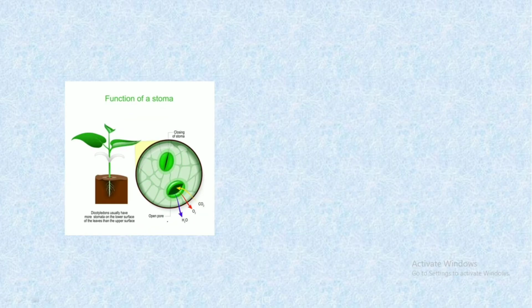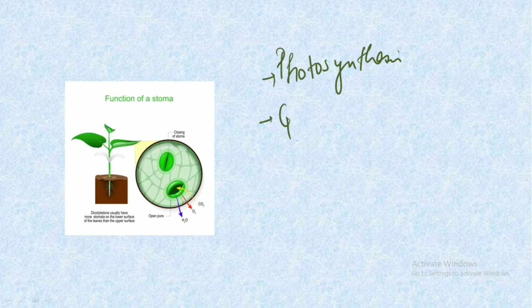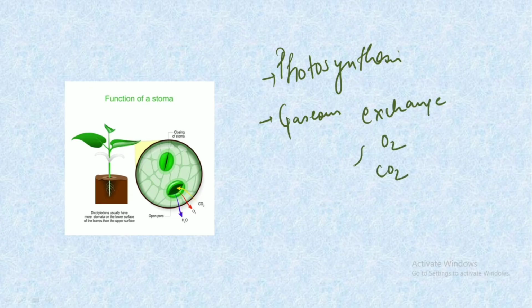So what are the typical functions of the stomata? The first function is that it helps in the mechanism of photosynthesis, and second, it also helps in the mechanism of gaseous exchange, in particular the carbon dioxide and the oxygen that the plant uses in various mechanisms.